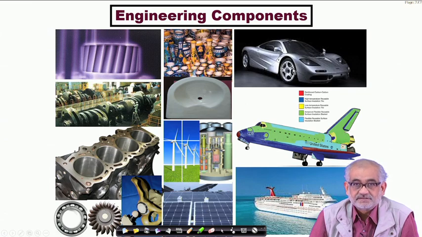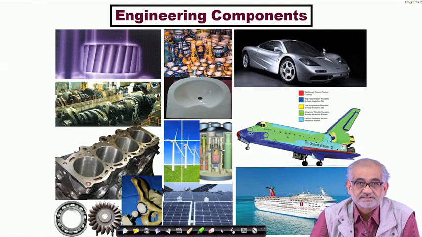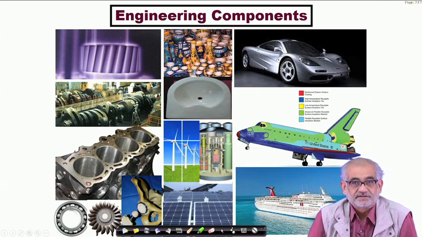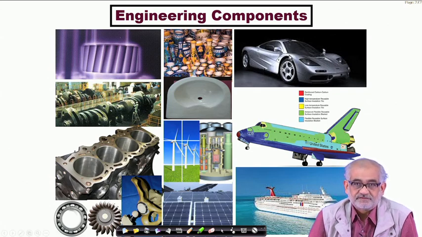And on the last column, I wanted to show you examples of complete engineering systems. For example, an automobile, you never can say whether it's made by a single engineering discipline or a particular mechanical engineer or a design engineer or electrical engineer. You essentially need input from all branches of engineering to make a complete engineering system.